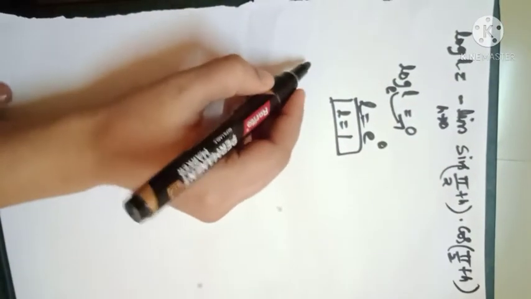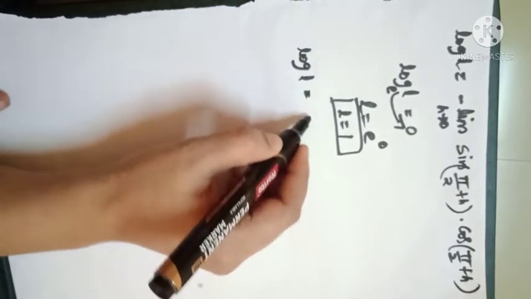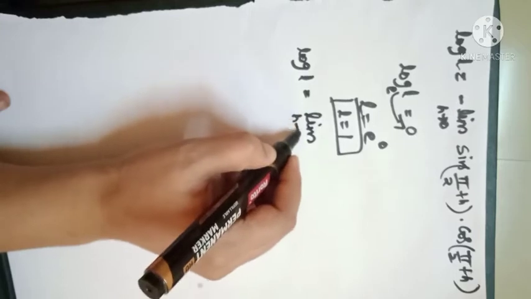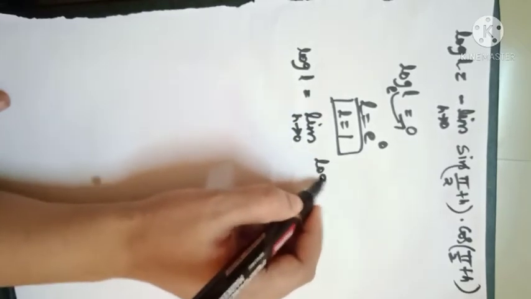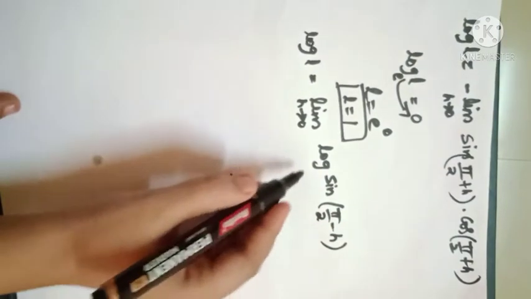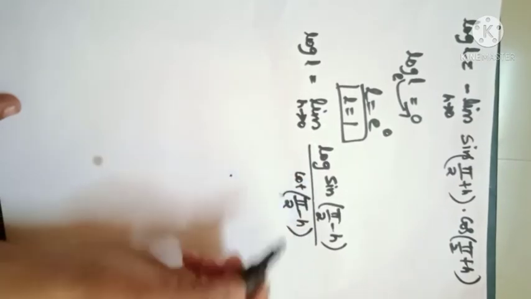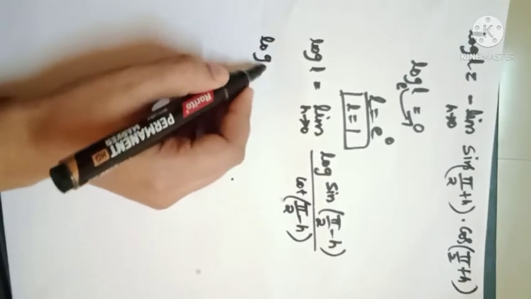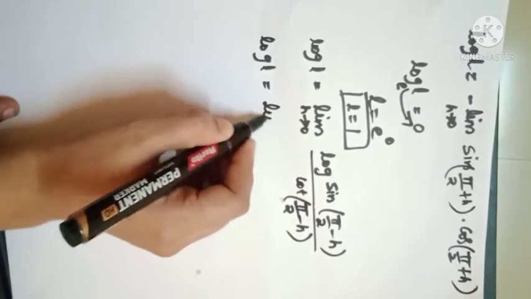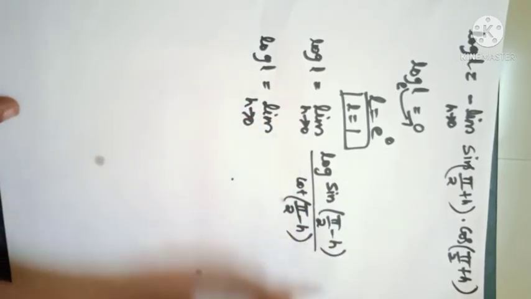Next case is put x is equal to pi by 2 minus h. In that case also the limit h tends to 0. Log L is the limit of log sin (pi by 2 minus h) divided by cot (pi by 2 minus h). If you apply the limit h tends to 0, this becomes the indeterminate form 0 by 0.